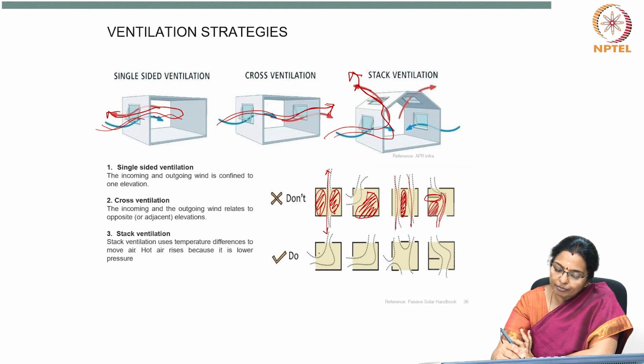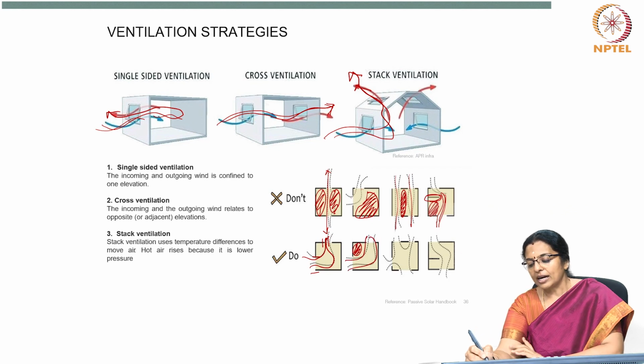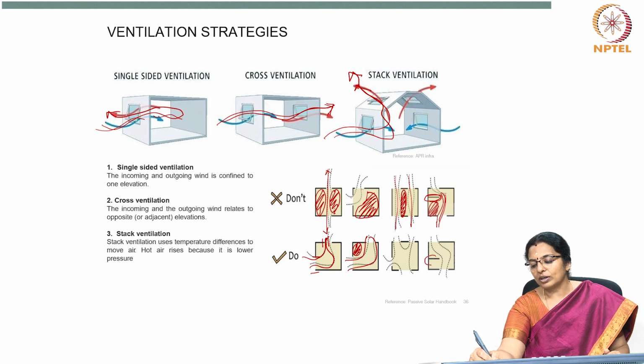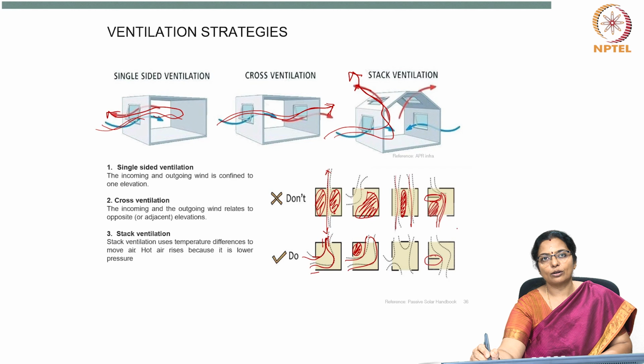You could position the windows in such a way, the inlet and the outlet, so that it does not cause primary wind shadow regions. There still will be, but it will be too less. And location of wind wall is important in causing less wind shadow region.